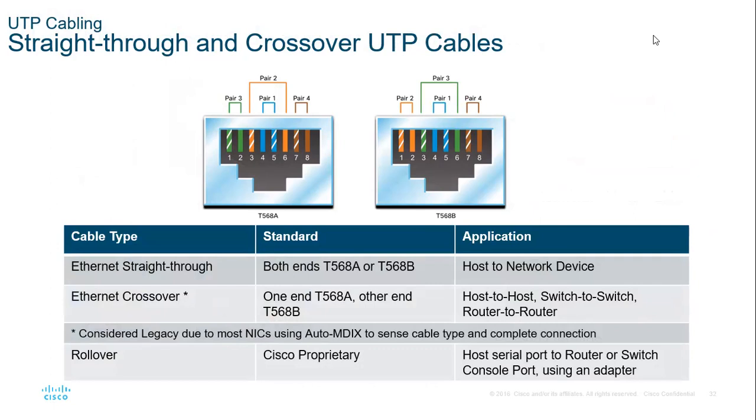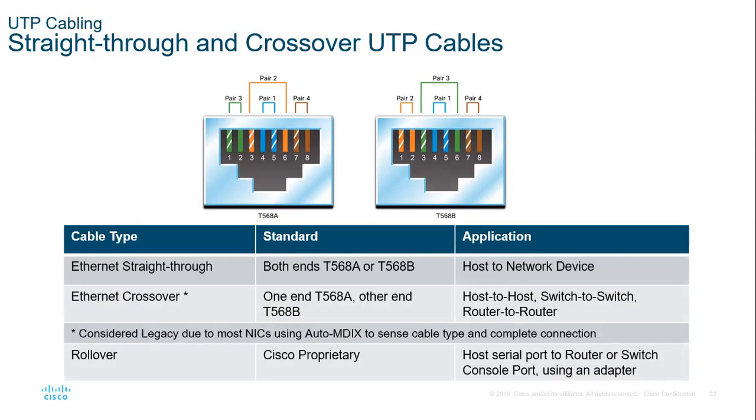These are two dissimilar devices, because a switch has no memory, whereas a PC has memory. And the crossover is used in the case of PC and router. These are similar types of devices, because a PC has memory and a router has memory. Straight-through is also used for switch to router, because a router has buffer memory, whereas a switch has no memory.